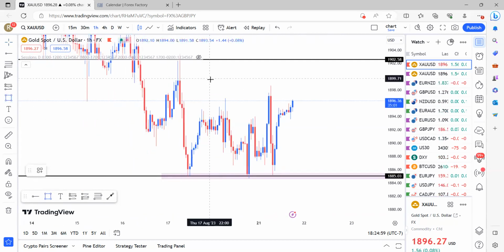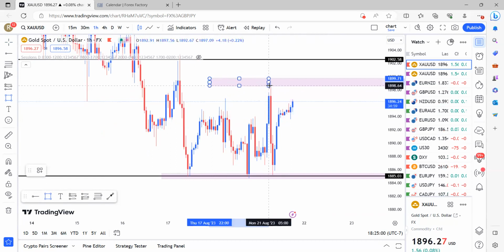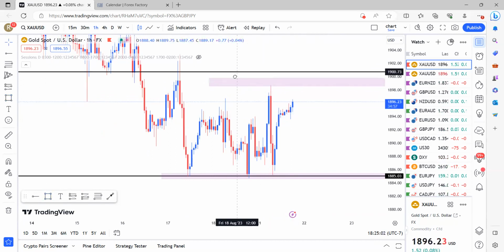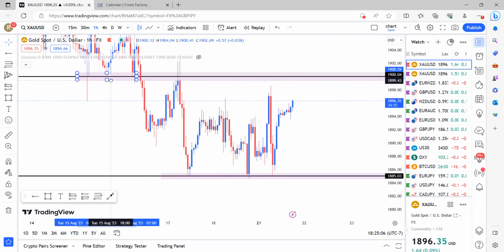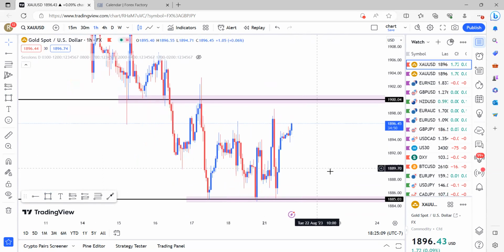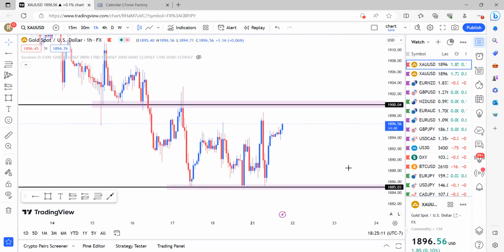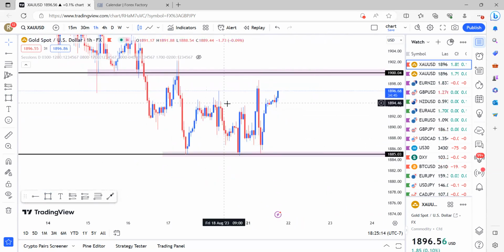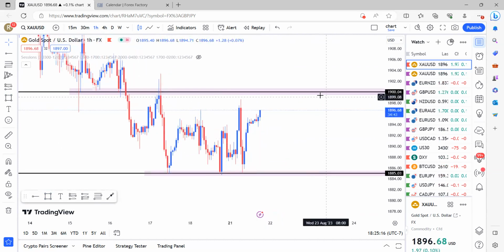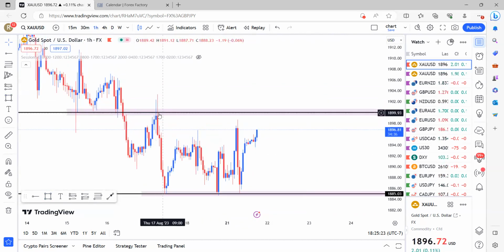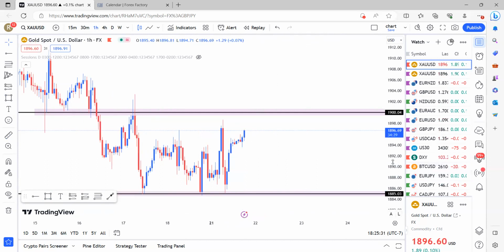Okay, so you can see that obviously there's lots of intraday resistances and supports within this 150 pip range. This is where you get the highest rejection, the biggest rejection from the 1900s. So that's going to be our next potential target to see.